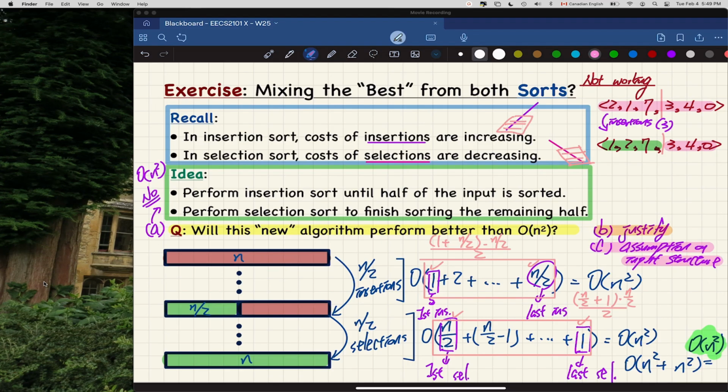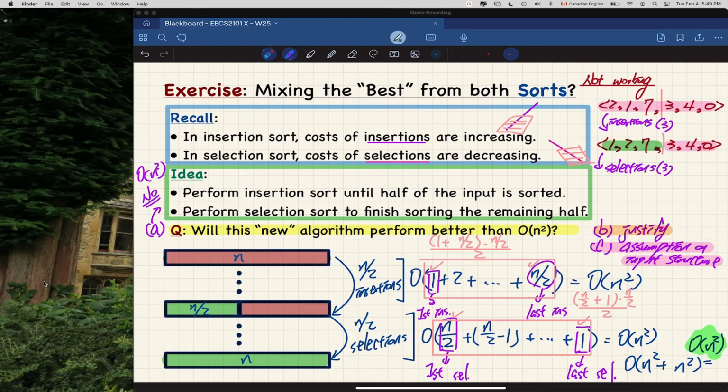Okay, let's now complete it. If I try another 3 selections, think about what's going to happen. I'm going to choose the minimum from here, which is going to be 0. And then I'm going to append it to the end. That's going to be 1, 2, 7, 0. Oops, not good. It's not sorted.